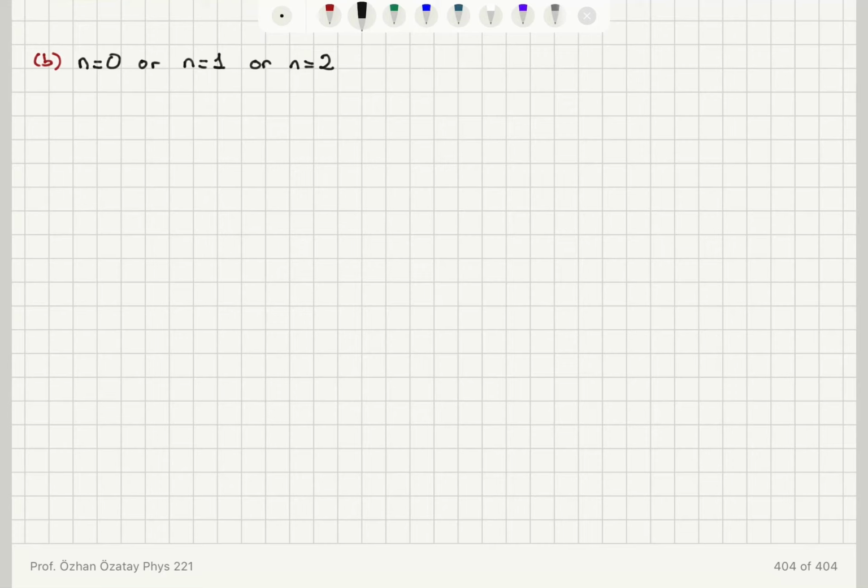So the probability that n is greater or equal to 3 is 1 minus the probability that n is equal to 0, or 1, or 2.